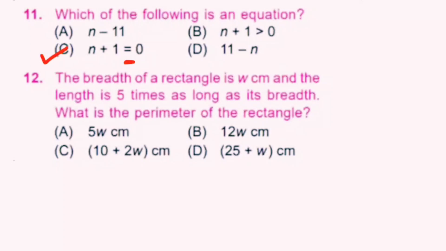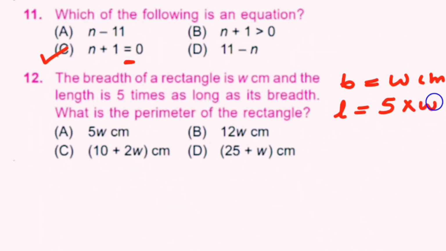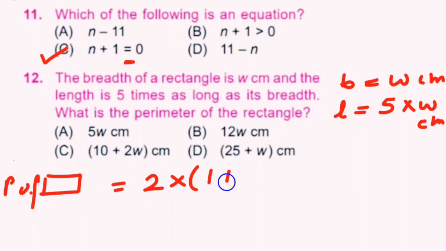Question number 12. The breadth of the rectangle is W centimeter and the length is 5 times as long as its breadth. What is the perimeter of the rectangle? So here the breadth is given as W centimeter and the length is 5 times as long as the breadth, means 5 into W centimeter. And the perimeter of a rectangle is 2 into length plus breadth.